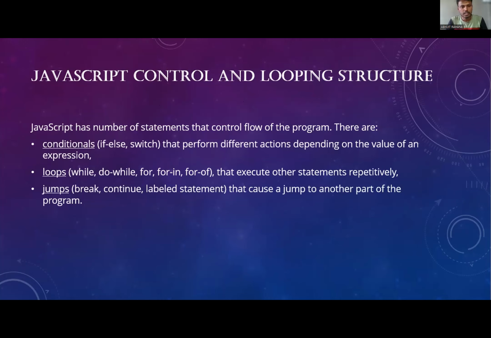There are conditional statements like if, else, switch that perform different actions depending on the value of an expression. And second is loops: while loop, do while loop, for loop, for in loop, for of loop, for each loop. We can use these loops for controlling statements and looping structure.